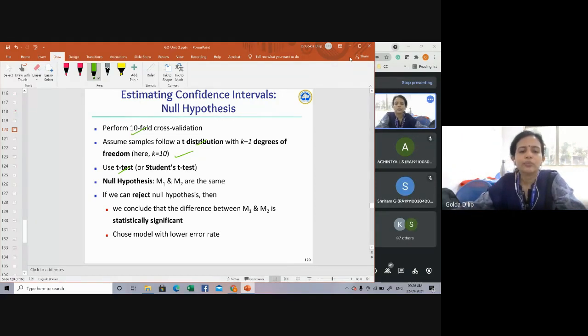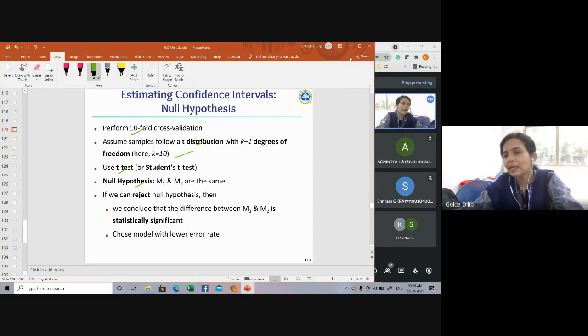Then we have this null hypothesis: M1 and M2 are the same. Basically, our hypothesis is that the two models, M1 and M2, are the same, or in other words, the difference in the mean error rate between the two is 0. In case we reject this null hypothesis, we can conclude that the difference between the two models is statistically significant.